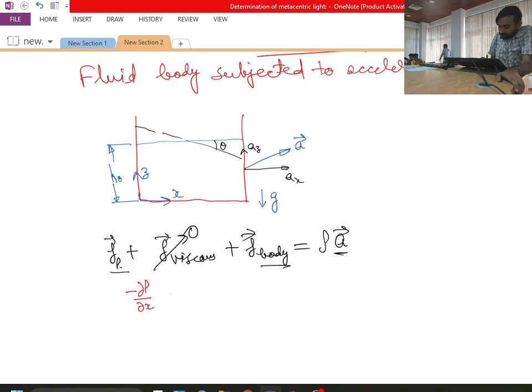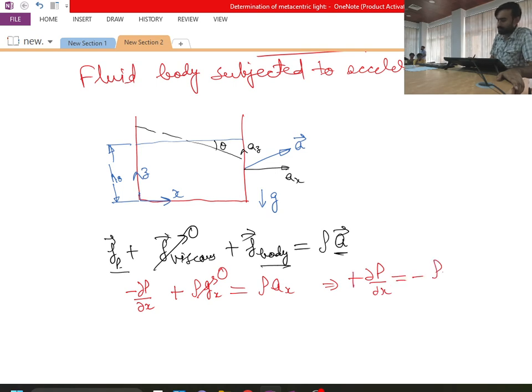The body force is rho gx, and that must be equal to rho into the acceleration in the x direction. Now gx is 0, there is no gravity acting in the x direction. So from here I get that del P by del x equals minus rho ax.